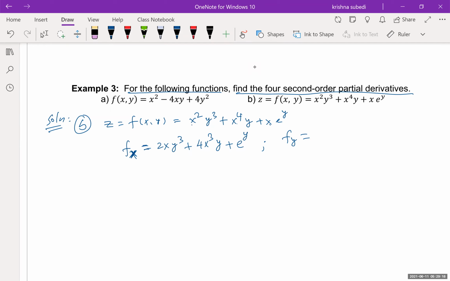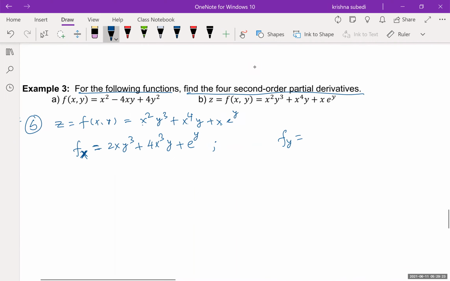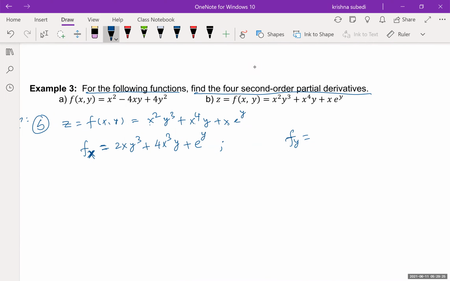Now let's look at the partial with respect to y. It means we treat y as our variable and x as a constant. So y is our variable, which means x squared and 3y squared, so I'll write 3x squared y squared plus x to the power 4, plus x e to the power y.